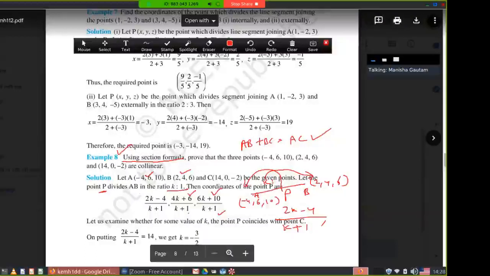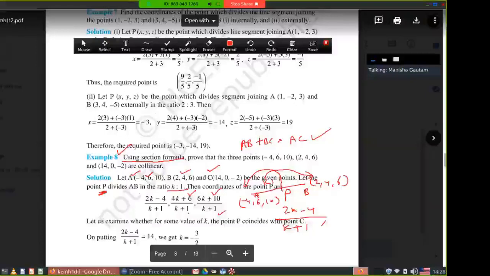Let us examine whether for some value of K, the point P coincides with C. Here you have to show that the point P is the same as the point C. If you have taken B and C points, then you have to show that this P point is the same as A. If you take AB points, then C is the same as P.